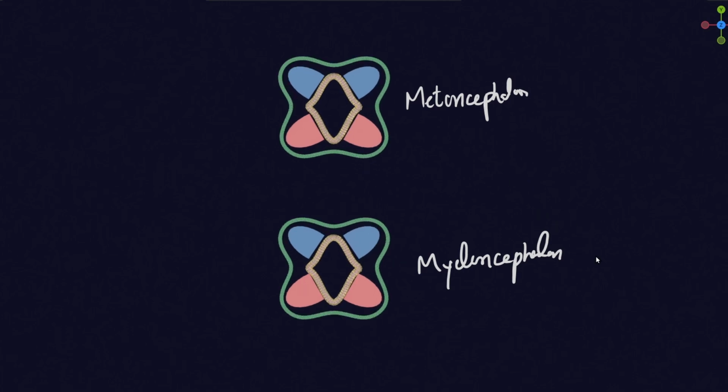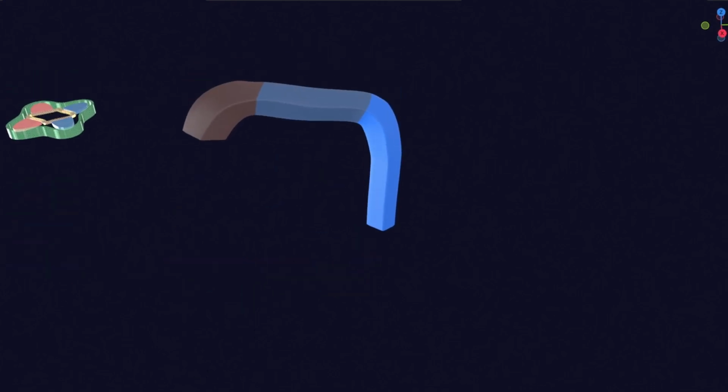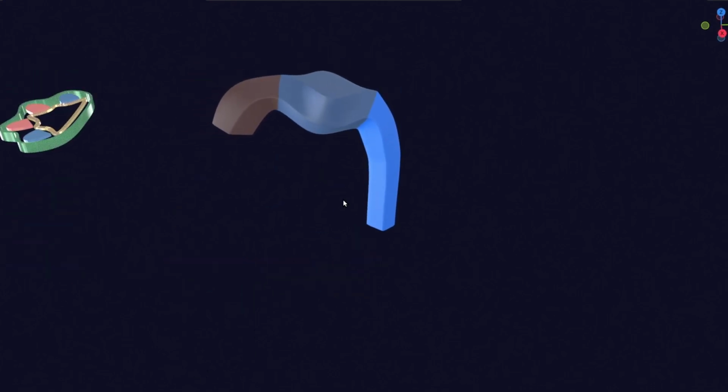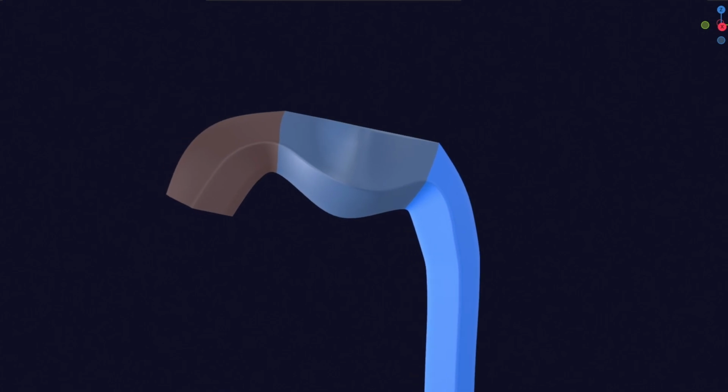So what I mean is, let's suppose we have this pontine flexure here. The upper section is of this area and the lower section is of somewhat this area. So this is the metencephalon and this is the myelencephalon section, right?